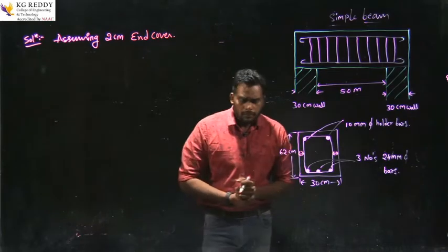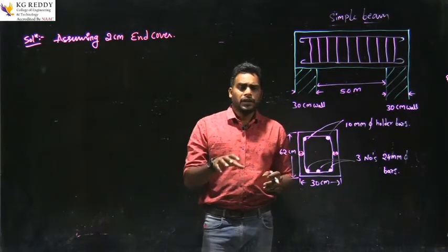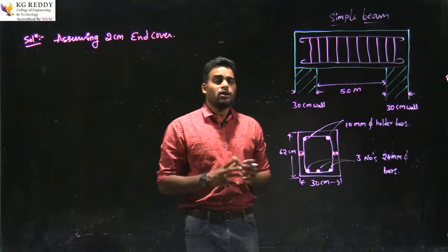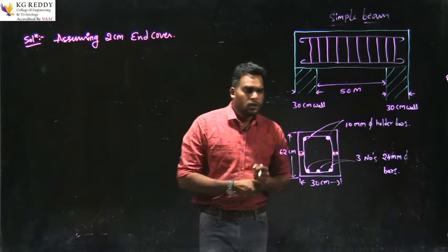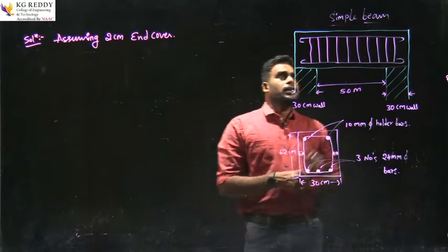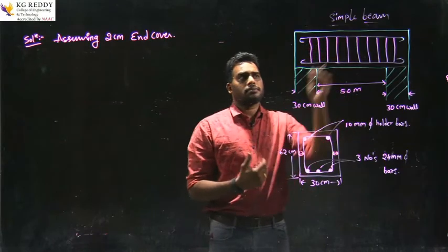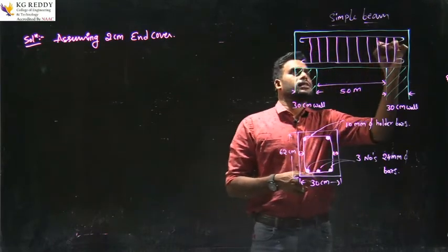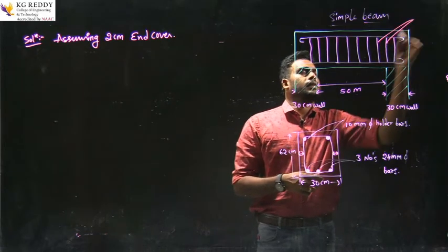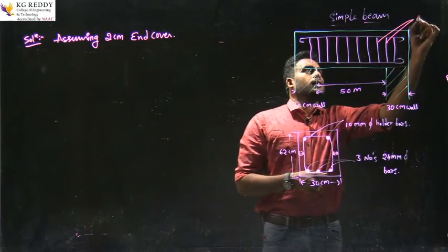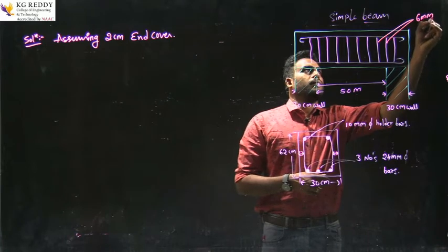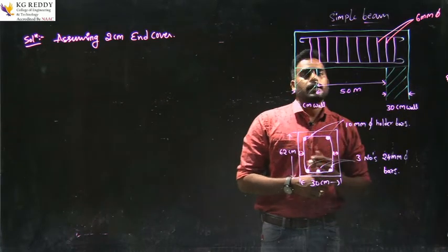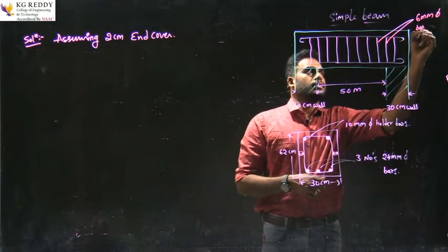So first of all we need to find out the length of one bar. Also he has given that there are a number of stirrups here, and he mentioned the stirrups are 6 mm dia bars.